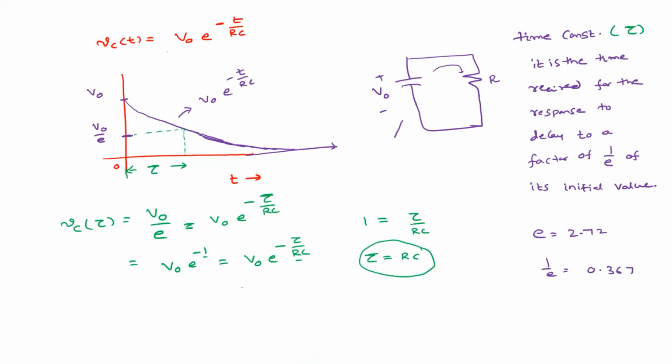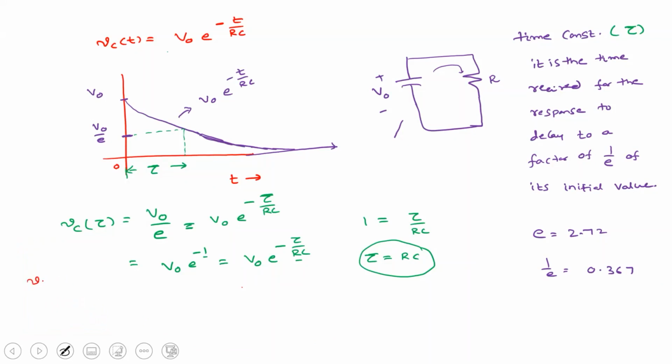So now, let us assume that we have V naught of t by V naught. Now we'll see the significance of this time constant.